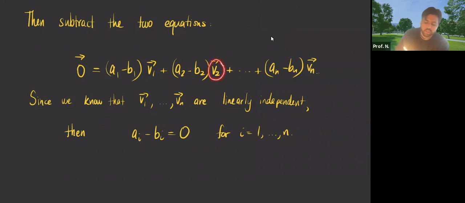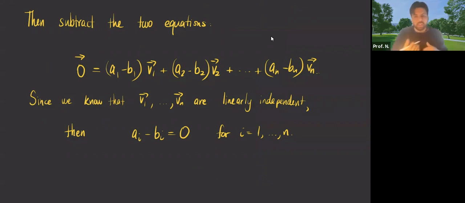Because these are linearly independent vectors, each of these coefficients must equal zero because this equals zero. This is the linear independence way to show something: we find coefficients such that when you add the vectors up as a linear combination to equal zero, the only possibility is if all the coefficients are zeros. That's the definition of being linearly independent.